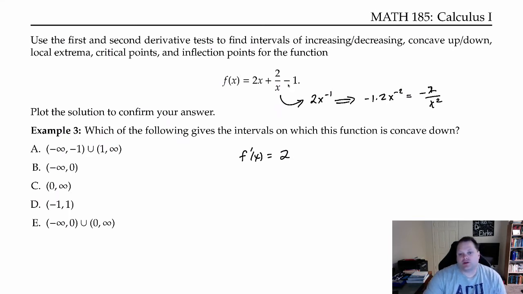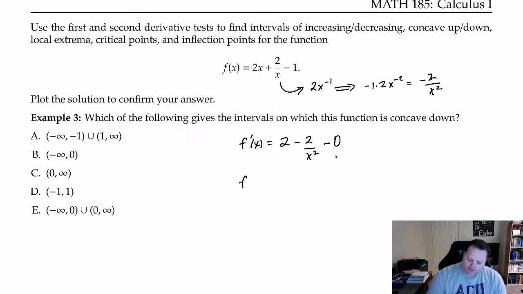So the derivative here is 2 minus 2 over x squared minus 1. The derivative of 1 is 0, so it would be minus 0 here.